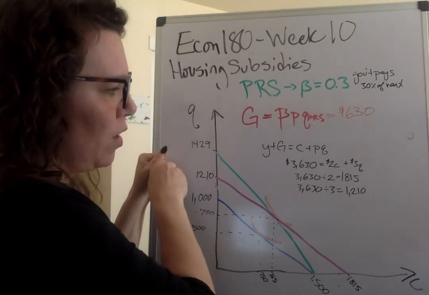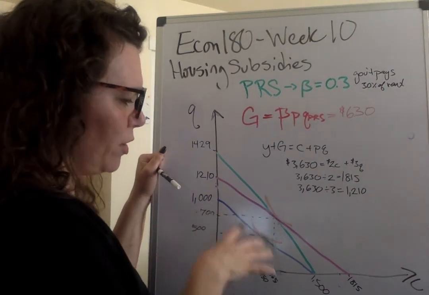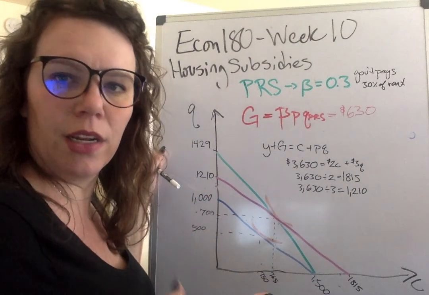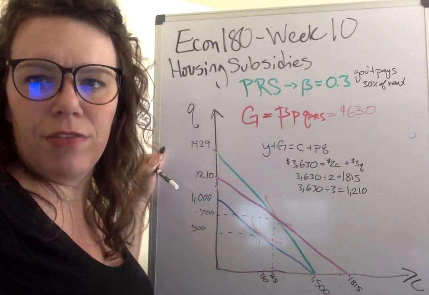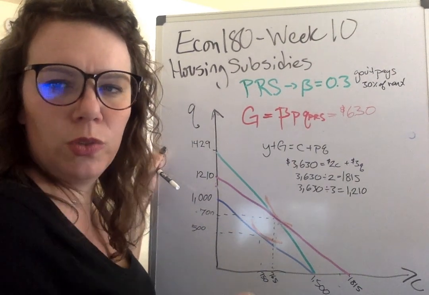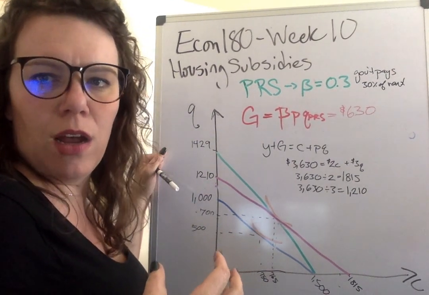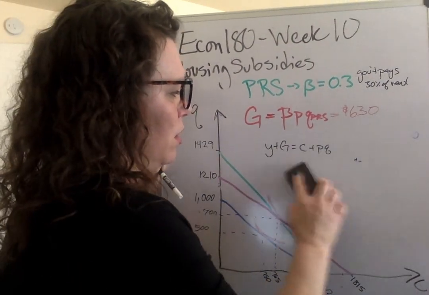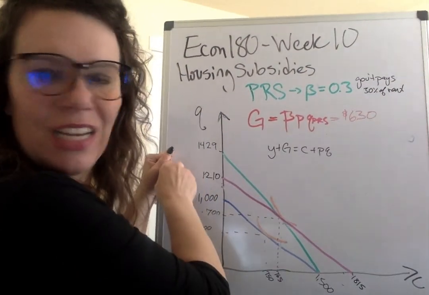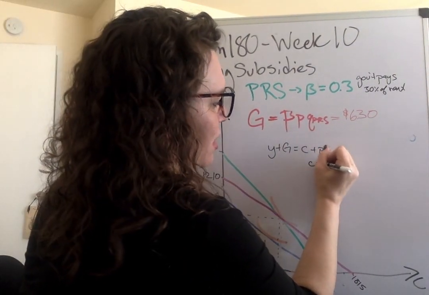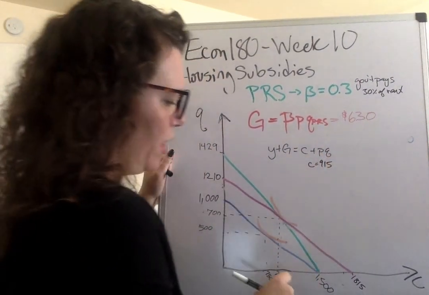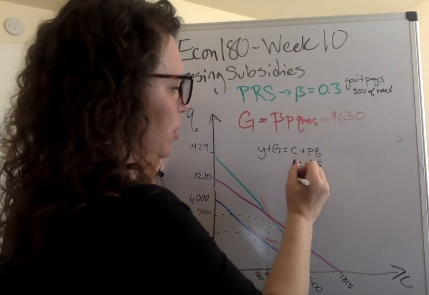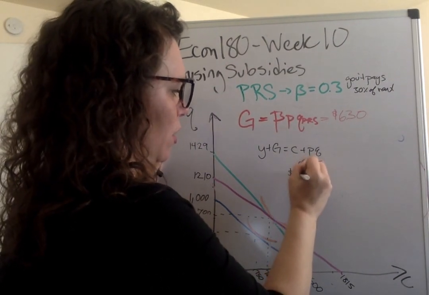Okay, so now we have our new income constraint, our new budget constraint, and I say if the new budget constraint gives households the opportunity to consume 915 units of C, what is their consumption point? So now we've got our new budget constraint, which is $3,630.